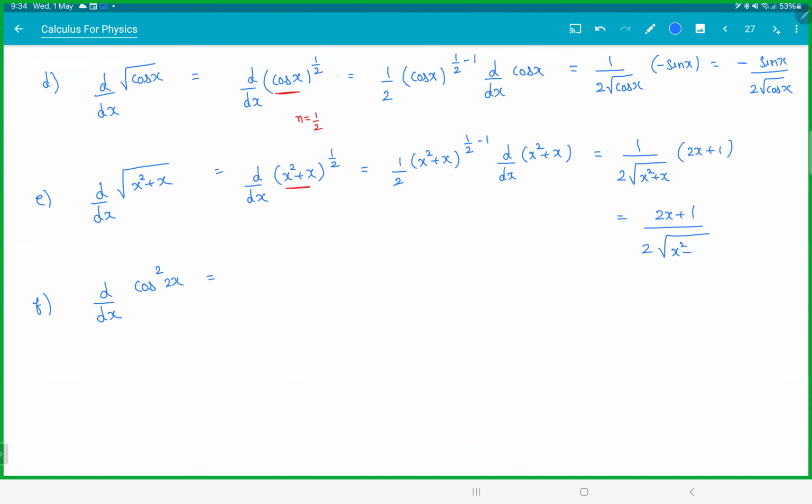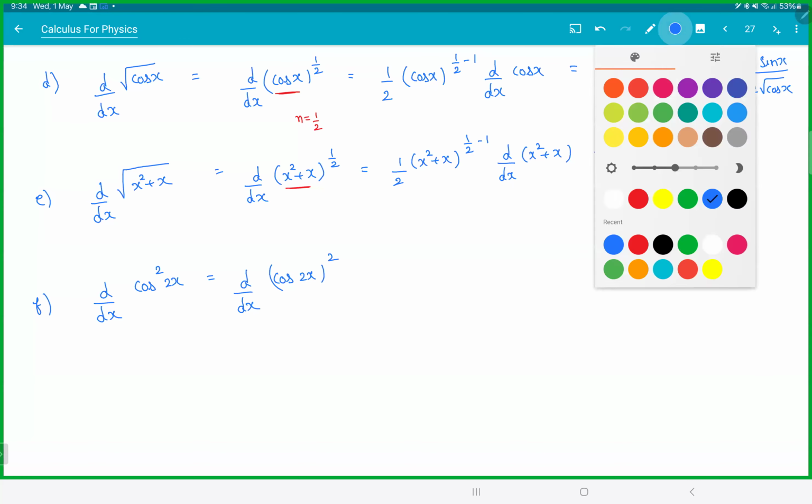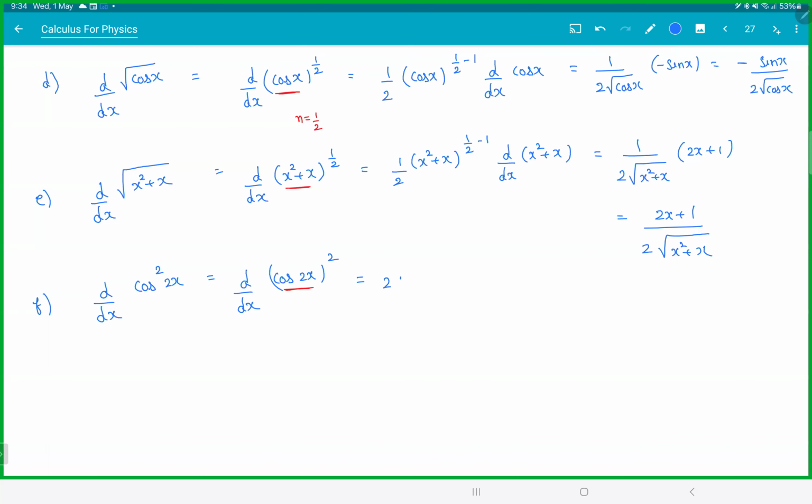Check your answers. This is d by dx of cos 2x whole square. So this is that some function. This is 2 into cos 2x to the power 2 minus 1. Differentiate cos 2x.